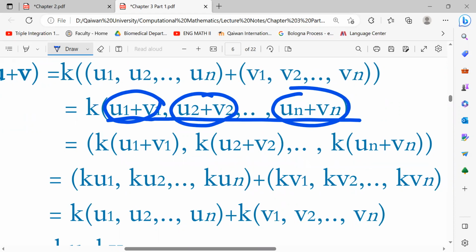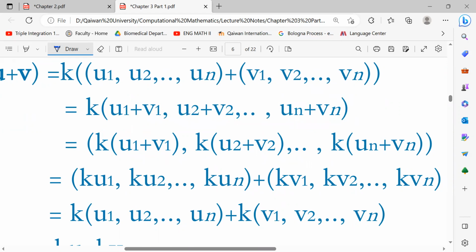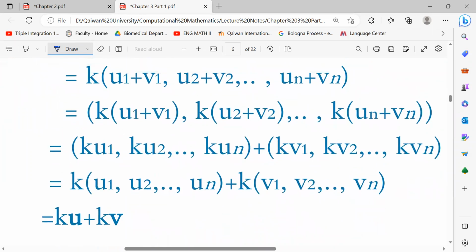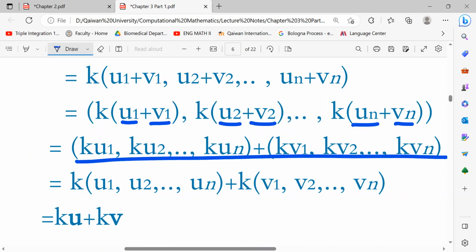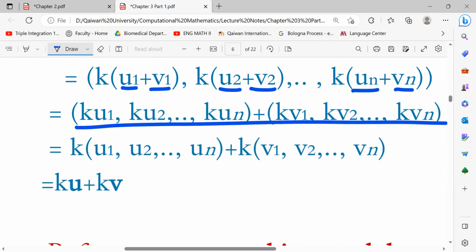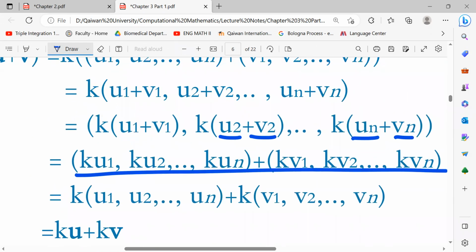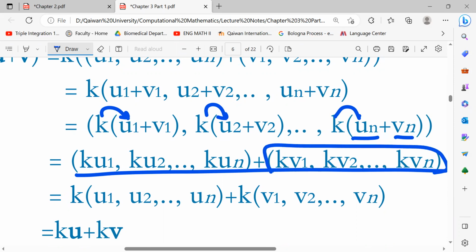As you have the sum of these two real numbers, it's true for real numbers that the distributive law holds. It's ku1 plus kv1, ku2 plus kv2, up to kun plus kvn. We get this one. Now, we separate these. ku1, ku2, kun, these are all together, plus kv1 up to kvn.